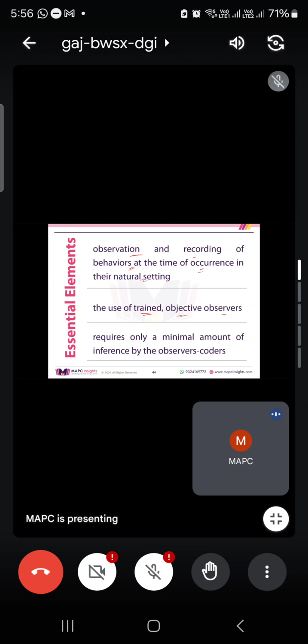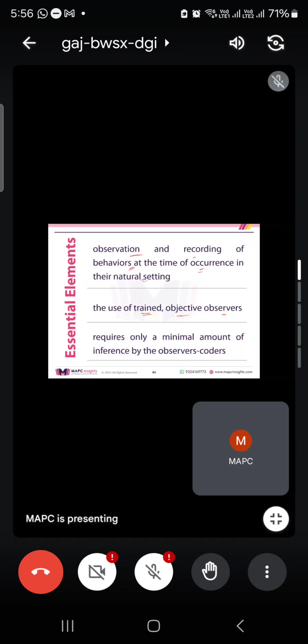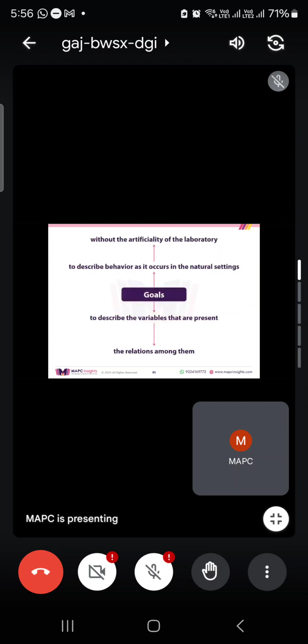The observer is neutral. This requires only a minimum amount of inference by the observer coder. A minimum amount of inference and coding is needed, because you are recording what you are seeing.